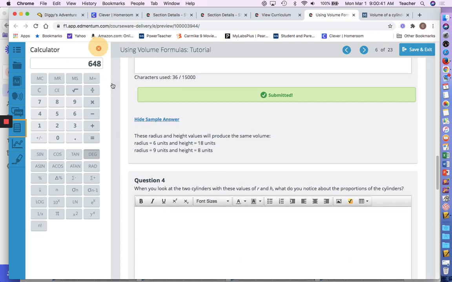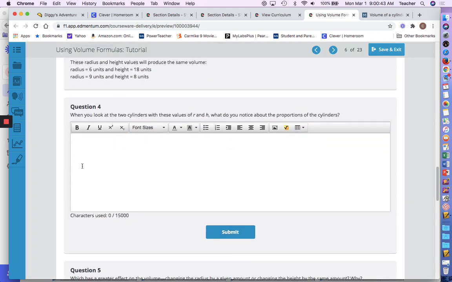All right. Question 4. When you look at the two cylinders with these values of radius and height, we need to notice something about the proportions of the cylinders. Okay, so basically, you'd have to switch them up like we did before. One has to be wide and short.